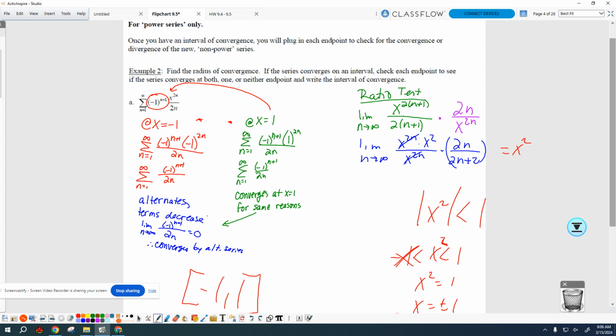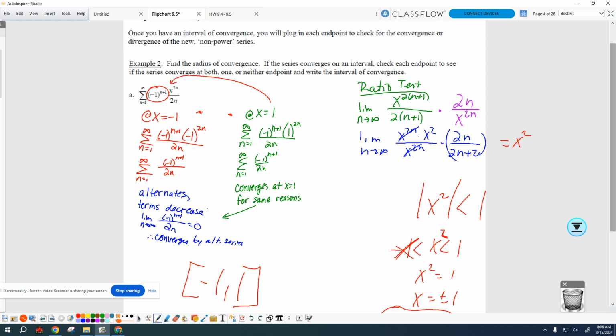But so the other ones that we did with ratio test yesterday, did they all come out as geometric? Maybe not. If it's strictly officially geometric, you don't need to test the ends because they're not going to work. But generally, look at the endpoints to see if there's something going on.